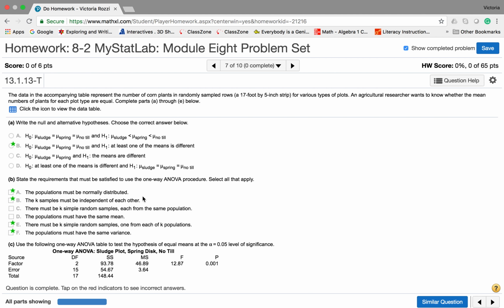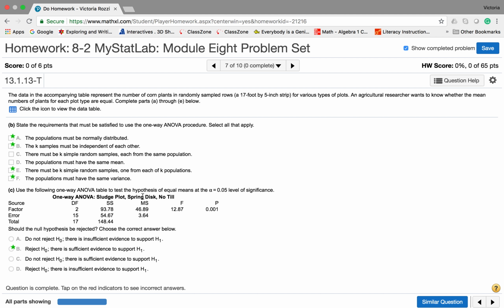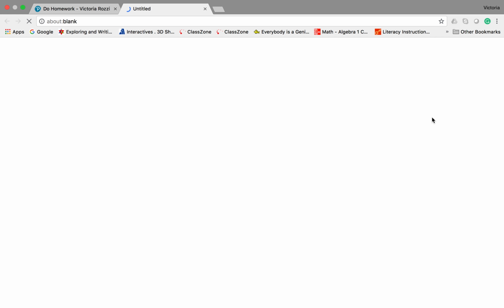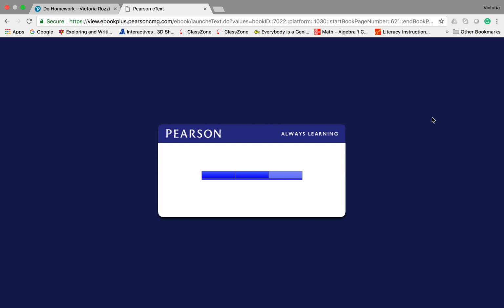So we want all equal for the null, and then at least one of the means is different for the alternative. Now for B, I don't expect you, of course, to memorize this. I don't think I've ever memorized it. But there are 4 requirements to satisfy the one-way ANOVA procedure. One way you can look this up is to go to question help, and if you go to your textbook, it'll bring you right to the spot where they do the ANOVA testing.